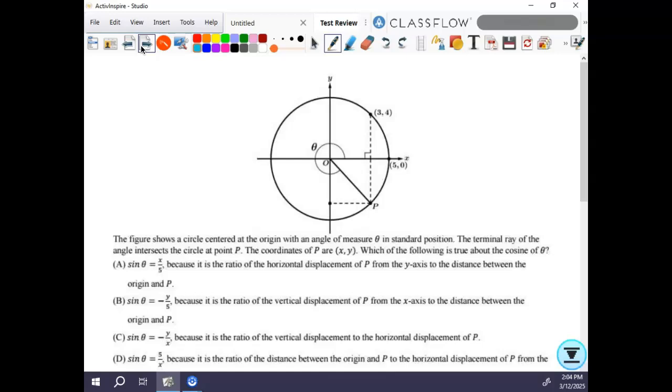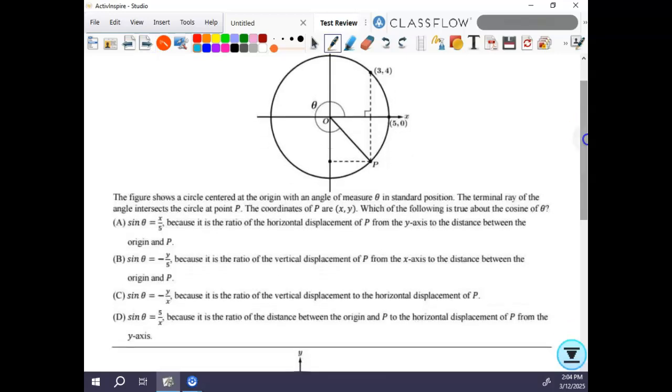All right, so this is the one I told you to omit because it talks about cosine and then it has all sine answers. So as long as we can understand what's happening, first of all, make sure you actually read the questions, because it does say we have an angle of theta in standard position and that the terminal ray of the angle intersects at point P. So this is my angle right here, which means if this point is 3, 4, this is 3, -4, right?